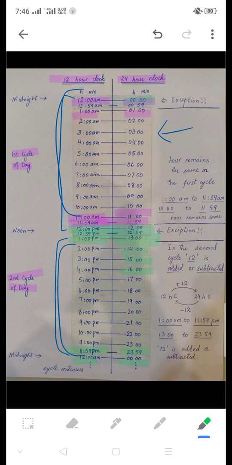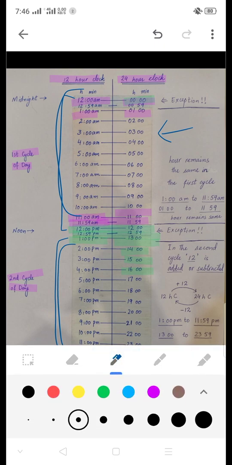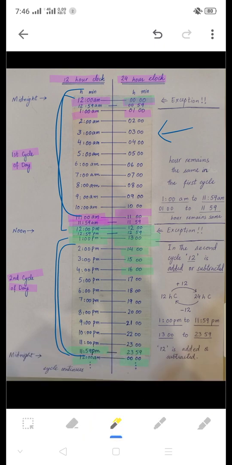For example, in this part, the hours are the same, 1 1, 2 2, 3 3. These hours are the same. So in the first cycle of the day, when AM is written in the 12-hour clock system, the hour in the 24-hour clock system will remain the same.